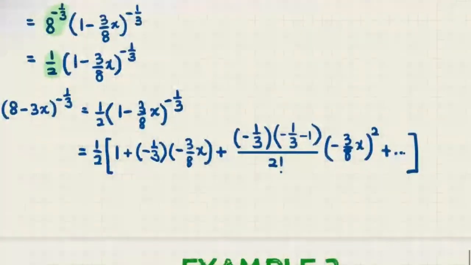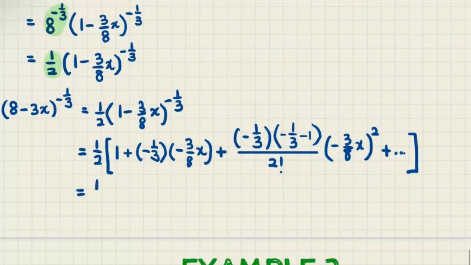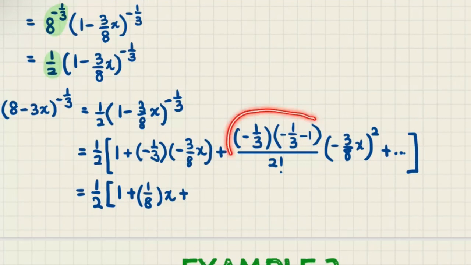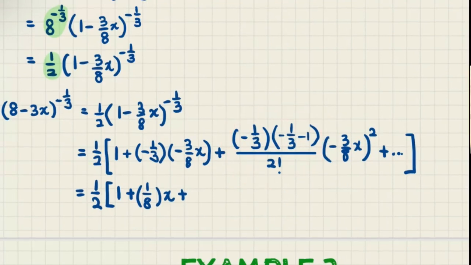Okay, now kita expand kemudian 1 per 2, 1 tambah okay, negatif 1 per 3 darabkan dengan negatif 3 per 8 saya dapat positif 1 per 8. So 1 over 8 of x, okay, plus okay, now let's kira ini. Ini berapa ya? So saya dapat 2 per 9.